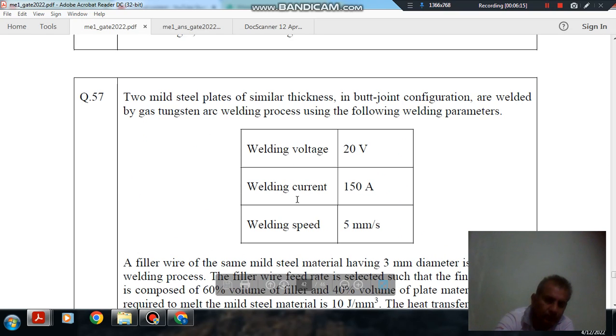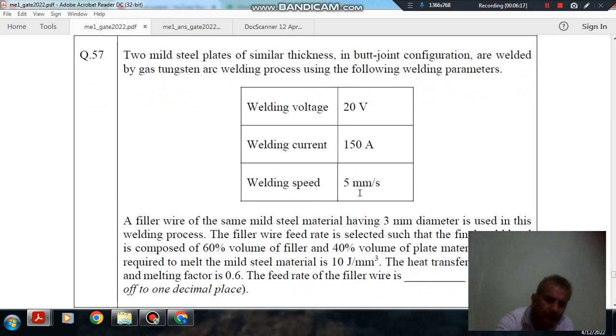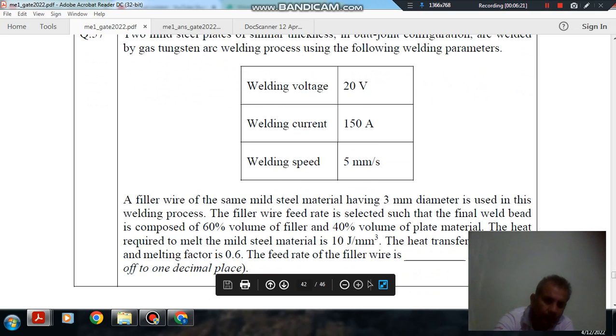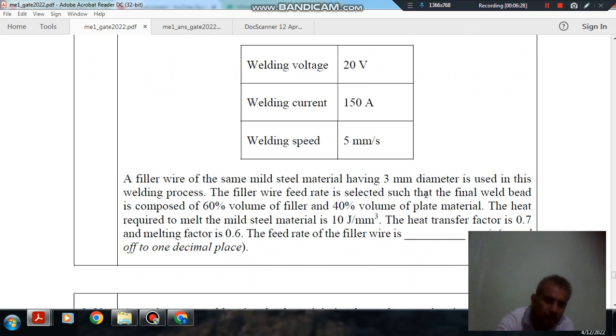Welding voltage 20 volt, welding current 150 ampere, welding speed 5 mm per second. A filler wire of the same mild steel material having 3 mm diameter is used in this welding process.